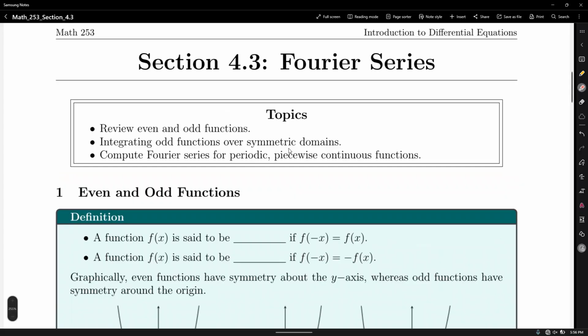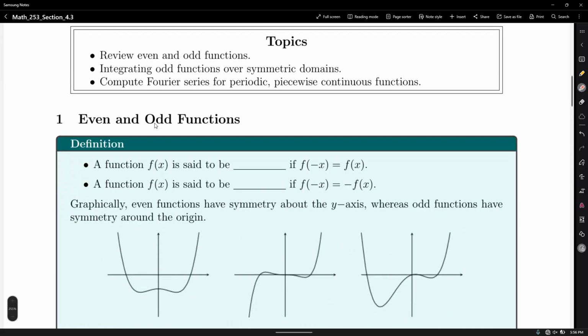These are not necessarily shortcut rules, but rather tools that are going to be useful to compute this Fourier series when we integrate odd functions over symmetric domains. Because computing a Fourier series could be a nightmare. However, keeping in mind these tools is actually going to help us expedite a lot of the calculations. And then, of course, we're going to compute Fourier series for periodic piecewise continuous functions.